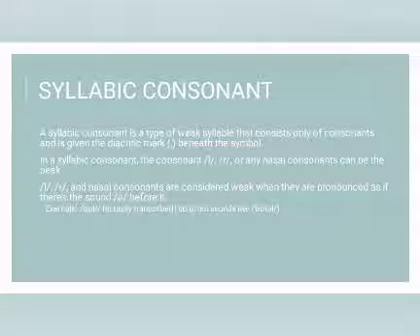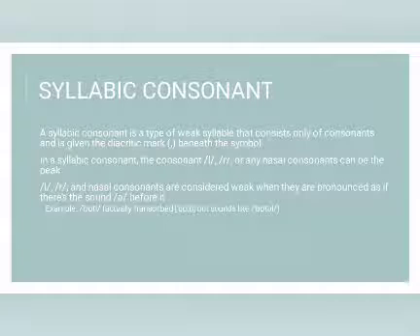In a syllabic consonant, the consonant L and R or any nasal consonants can be the peak. L and R and nasal consonants are considered weak when they are pronounced as if there's a schwa sound before it. For example, the word battle.